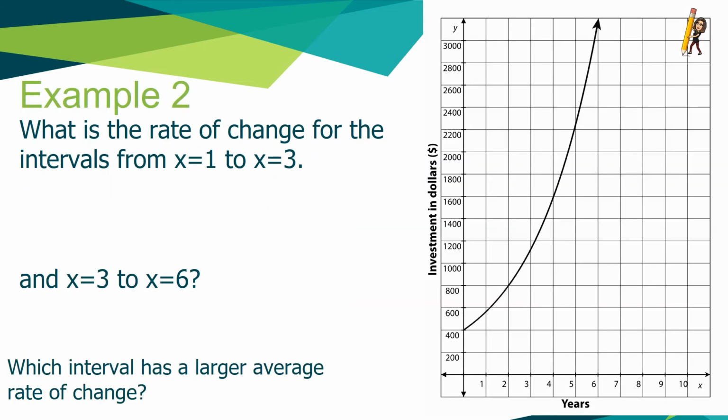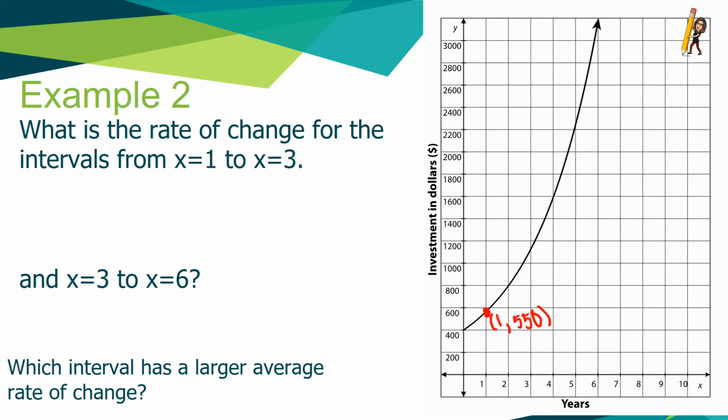Okay, example number 2. We're going to solve 2 problems looking at this graph, and so let's look at the first one. We want to find the average rate of change for the interval from x is equal to 1 to x is equal to 3. So first I have to look at my graph and find the ordered pairs at x is equal to 1 and x is equal to 3. So I have to follow my graph, at x is equal to 1, which is that dot right there.